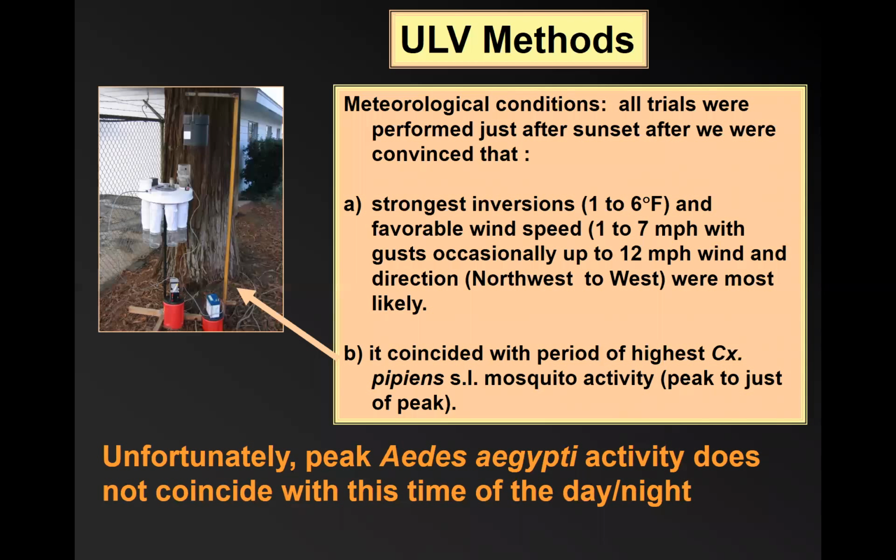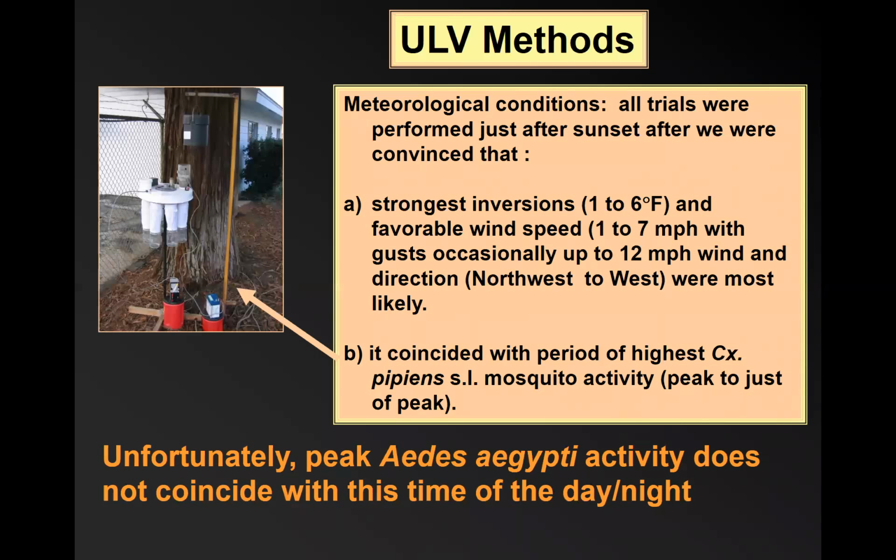And that coincides with when we have the strongest inversions. So in other words, the temperature low down on the ground is colder than the temperatures higher up. And so it essentially traps the pesticide down for a little bit longer, rather than the pesticide just immediately floating up into the air.